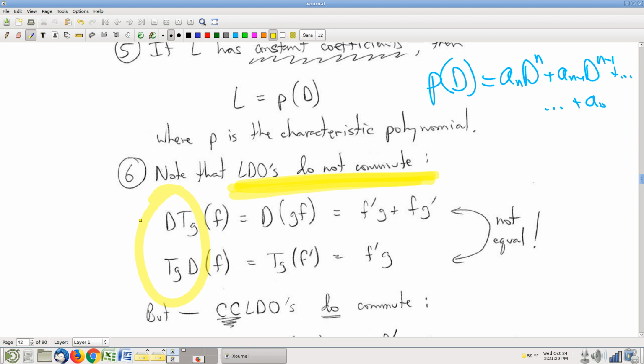E to the power of sine x is not the same as sine of e to the x. It really matters which one's going to which. So you wouldn't expect this to work out, and it doesn't. Easily confirmed.